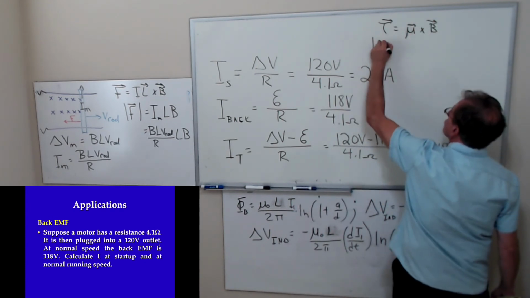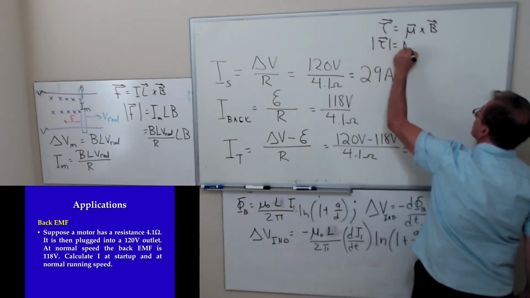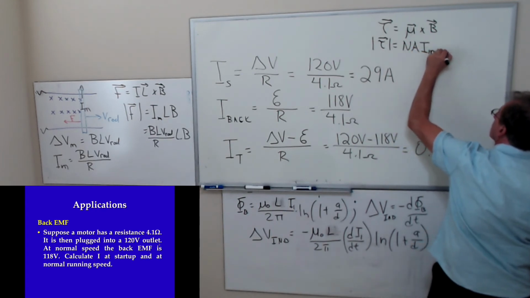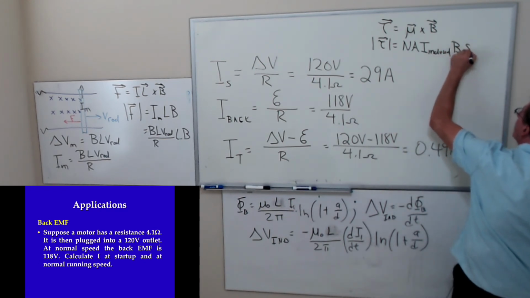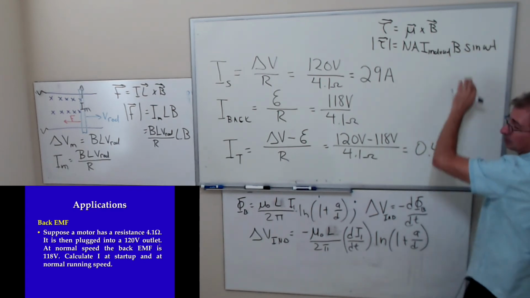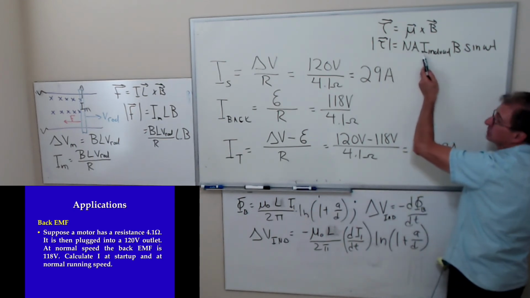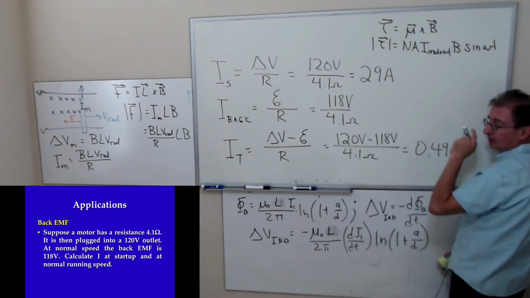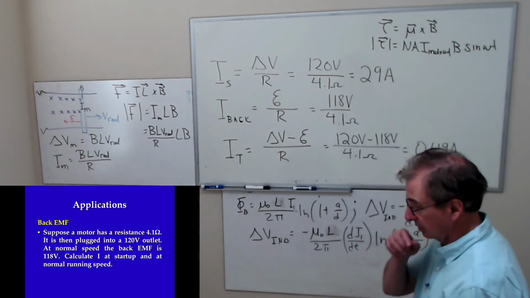The magnitude of this torque, called the counter torque, is going to be the magnetic moment times B times the sine of the angle between the area of the loop and the magnetic field. Generally, this expression will have a sine term in it, and so will this term, so you'll end up with a sine squared term.